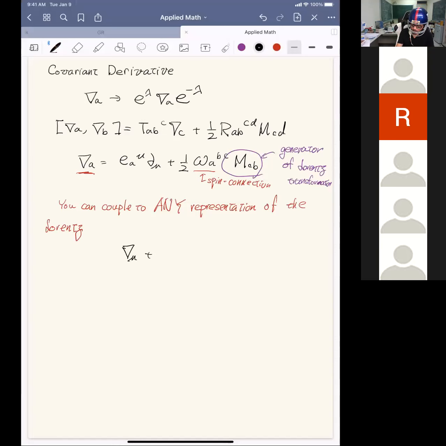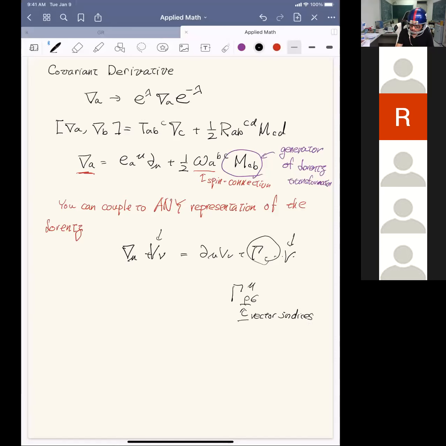But depending on what you act on, for example a vector, you have the derivative acting on the vector and then the Christoffel symbol. How many Christoffel symbols you have depends on what objects you have here. But notice that the Christoffel symbol always carries vector indices.